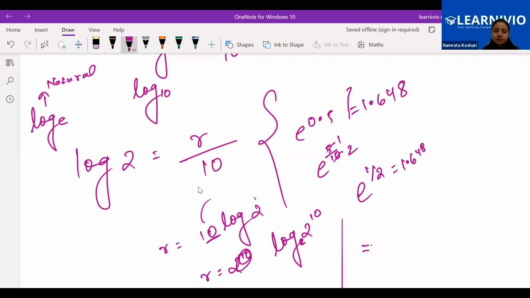Wait, log 2 base e. Here we are having e to the power 0.5 value. If we try converting it into logarithm in the given part itself, let me check whether it is making sense or not. Taking log on both sides, it will be 1 by 2 is equal to log.